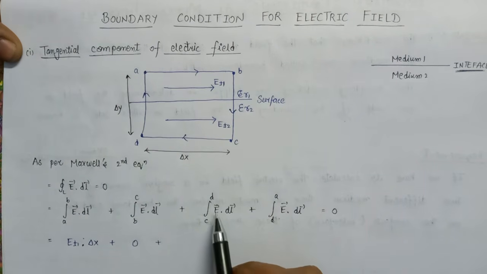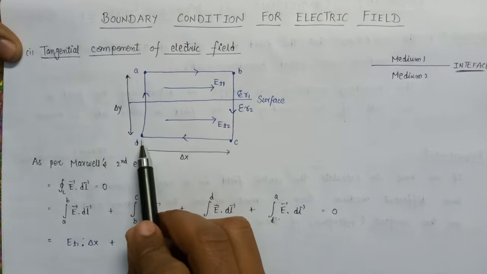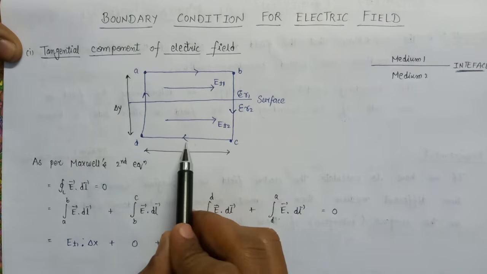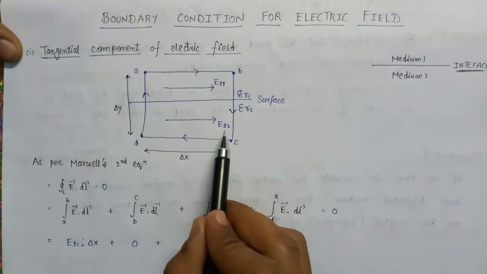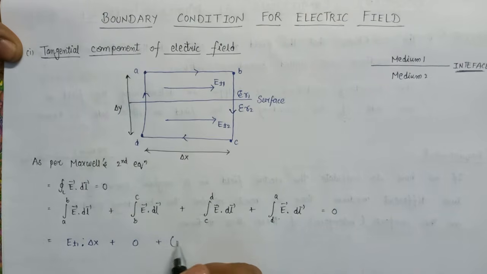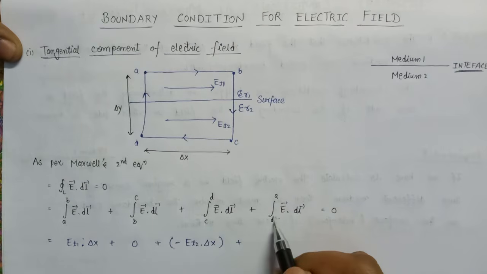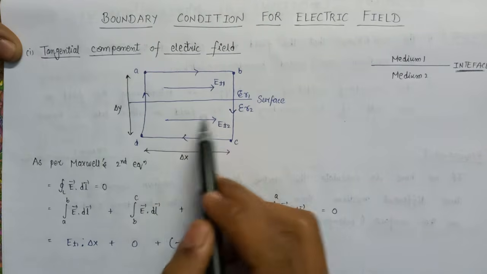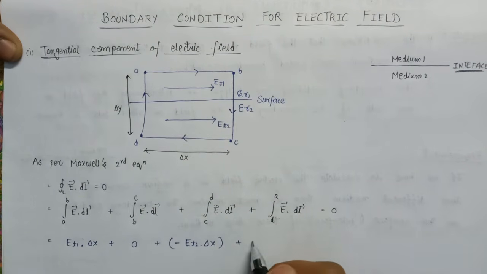Now here is the D to C. Now our integral is in the direction opposite to the direction of electric field component, so we can write it as negative of ET2 into the distance is del x, plus here is the integration from D to A, so in the direction from D to A there is no electric field component, that's why we can simply write 0 here and equals to 0 only.